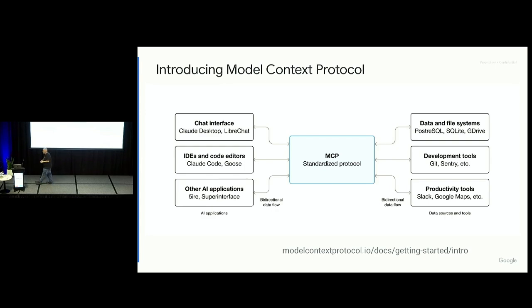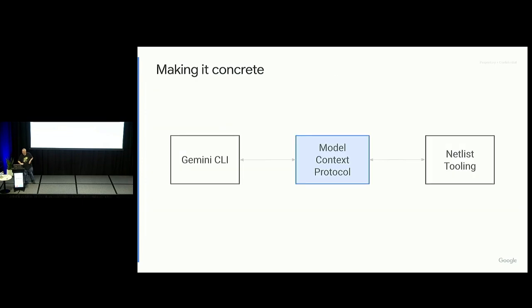So to make it concrete, what we're going to do, Gemini CLI, through Model Context Protocol, is going to talk to some netlist tooling which I created. Does that make sense? Cool.